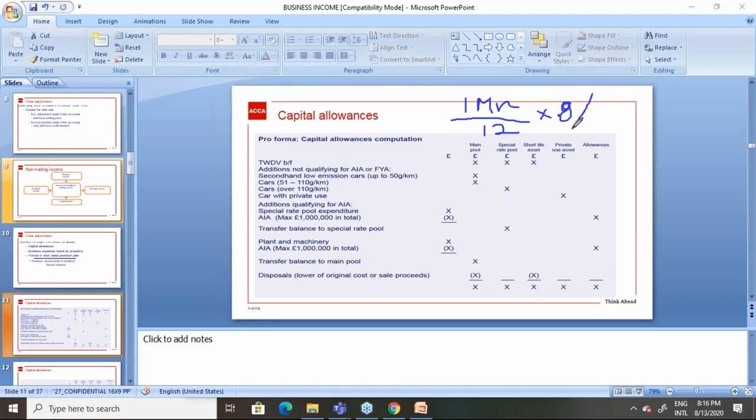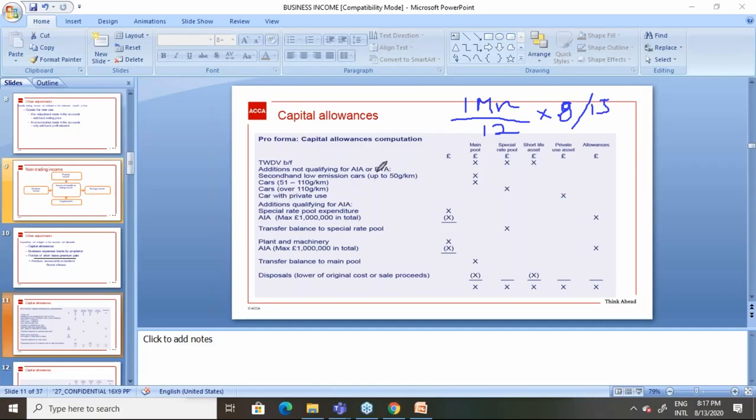If your accounting period is more than 12 months, say you have prepared accounts of 15 months, then again you need to time apportion the 1 million by dividing it by 12 and multiplying by 15. So there you can get the total annual investment allowance that you can claim. As I said, you cannot claim AIA on motor cars. Then there's another special way of calculating capital allowances. That is what we call first year allowance.